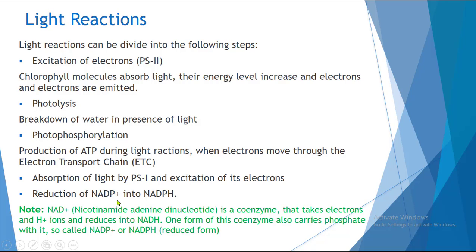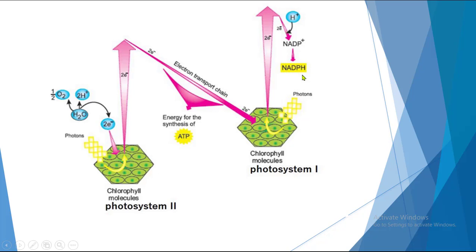So here we discussed that the ATP molecule is synthesized. Then the next step is absorption of light by photosystem 1 and excitation of its electron, and the last step was reduction of NADP and production of NADPH, which is also an energy rich molecule. So how is it formed?